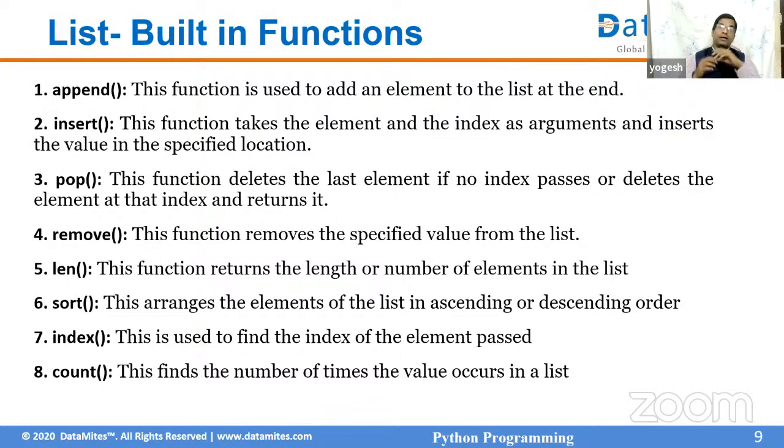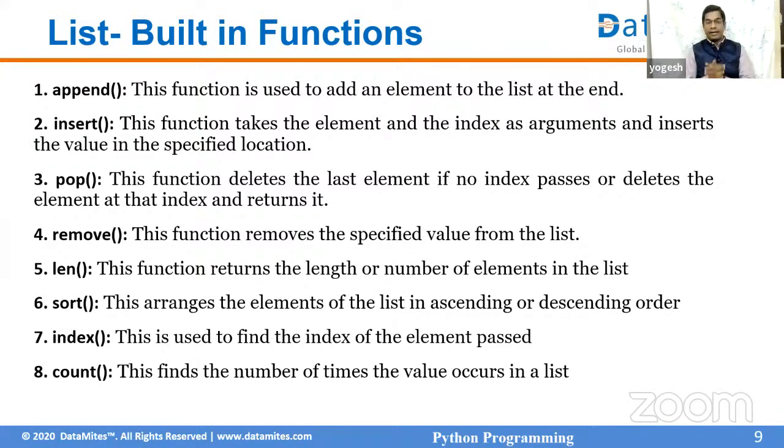In the same way, you can arrange the elements of the list using the sort function. In the sort function, if you put reverse equal to true or reverse equal to false, it is going to sort in descending or ascending order.